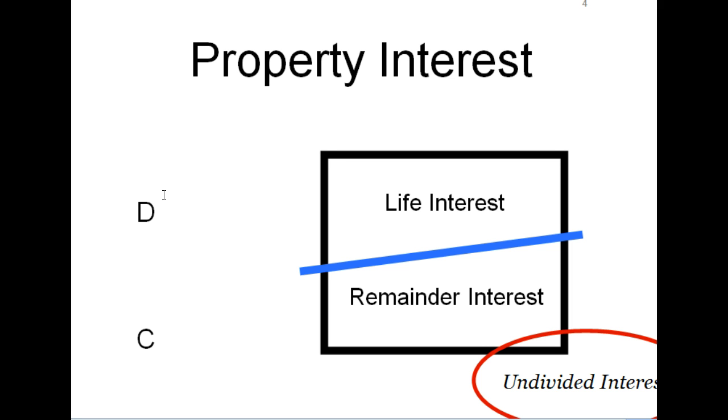So if the value of the property with respect to which the power can be exercised, such as the power of D in this illustration to invade corpus, does not exceed the greater of $5,000 or 5% of the value of the property, that power to invade the corpus will not be treated as a lapse of power for transfer tax purposes.